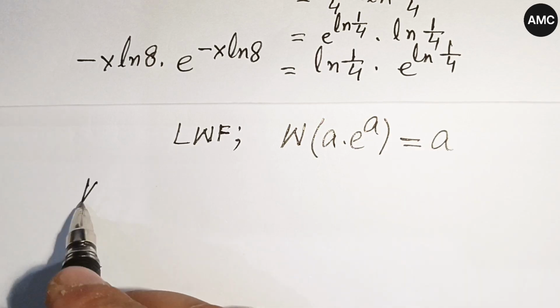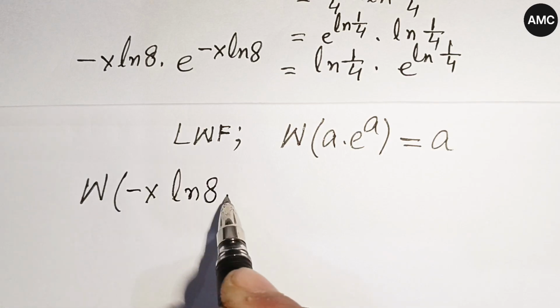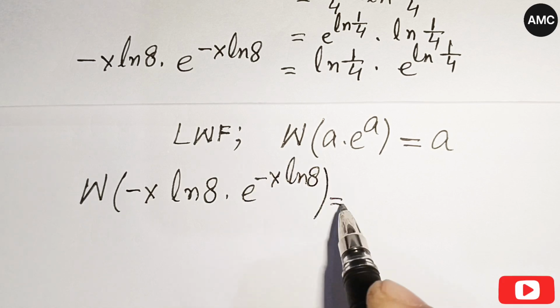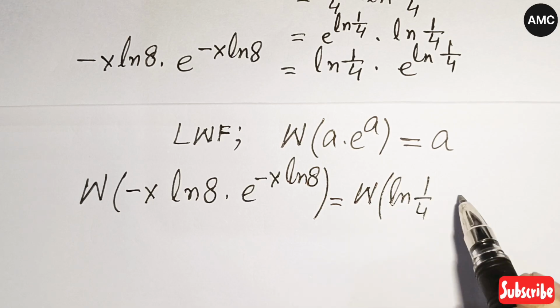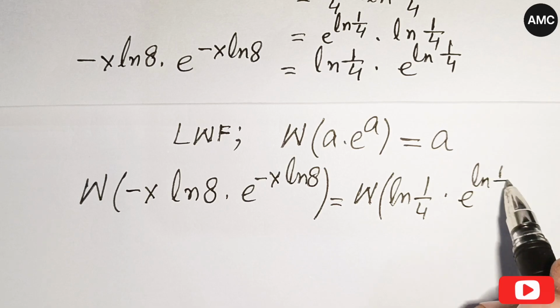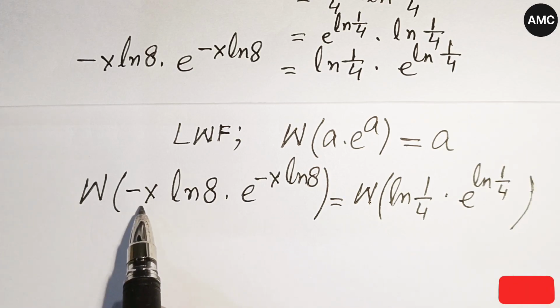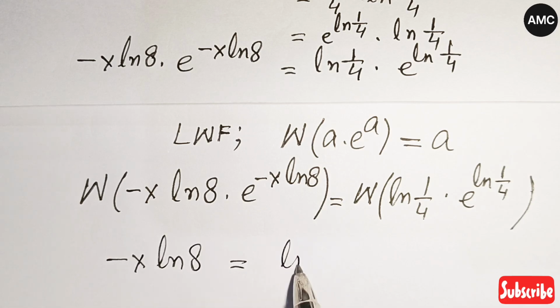So here W of our left hand side, minus x natural log of 8 times e to the power minus x natural log of 8, is equal to W of natural log of 1 over 4 times e to the power natural log of 1 over 4. Now we have the same expressions.